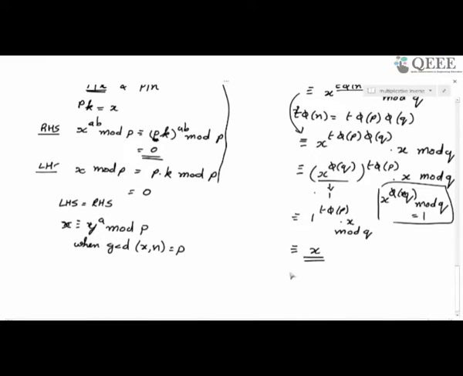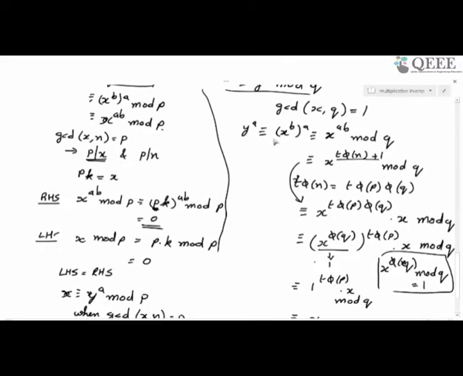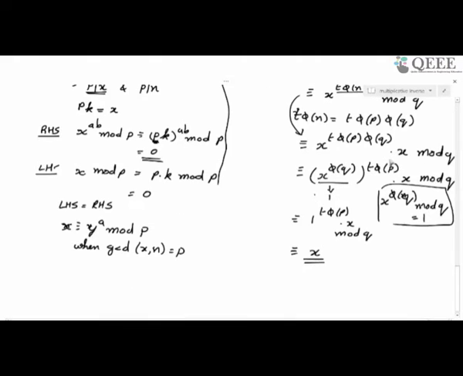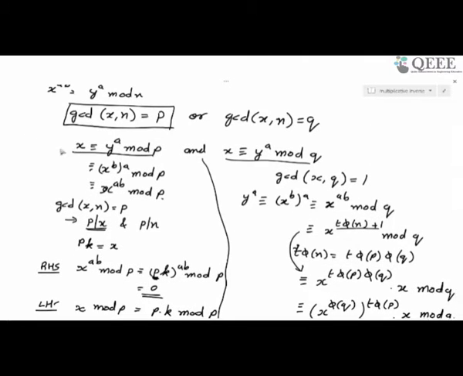x. So we also have seen that y to the power of a mod q is equal to x. So what we have seen is that this equation as well as this equation has been proven.